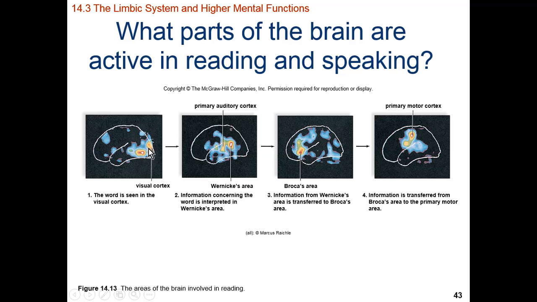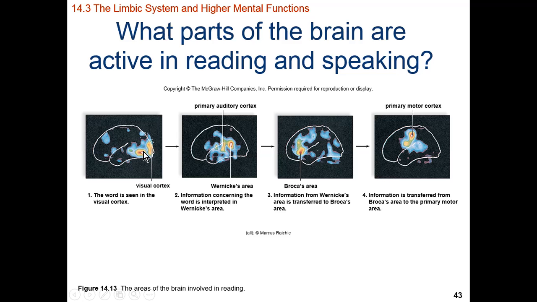For example, when you read something, seeing the word is going to involve using the occipital cortex, or the visual cortex in the occipital lobe, and then understanding the word that you're listening to is going to be associated with the auditory cortex in the temporal lobe and Wernicke's area, and then choosing how to move and form your mouth and lips and to formulate a response is done in Broca's area, and then finally you will actually send the signal to your mouth and lips to move, and that's done from the primary motor cortex.